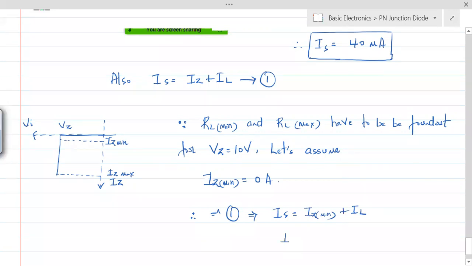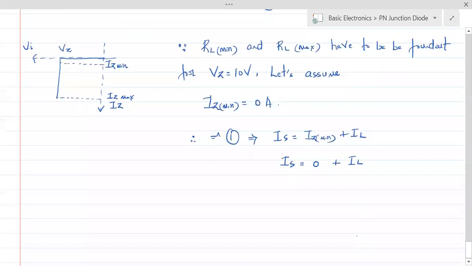Then IS equals 0 plus IL. Yes or no? Yes. So this implies that our IL is IS, and that is 40 milliamps.